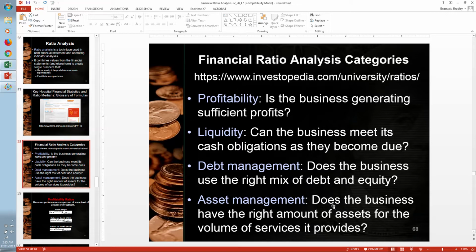Externally, we tend to see the same or a similar set, many of which I'll cover in the next few minutes. From a very broad perspective, the 4 primary buckets are profitability, liquidity, debt management, and asset management.